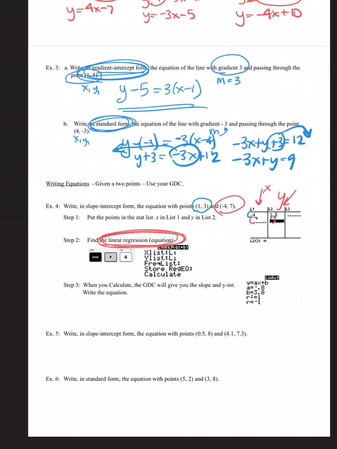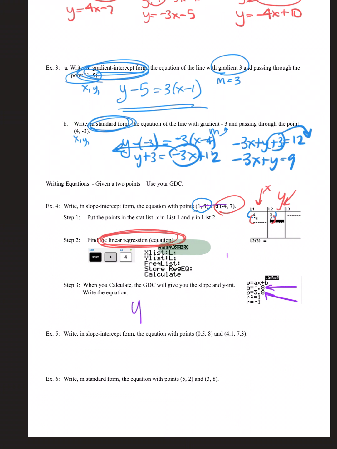Probably the most important part here is right here. The form is ax plus b. So instead of m, you're looking for a. When you put everything into the calculator, it'll kick out what a is and what b is based on those two ordered pairs.